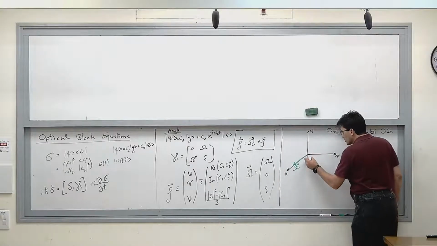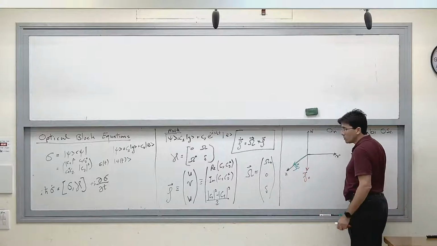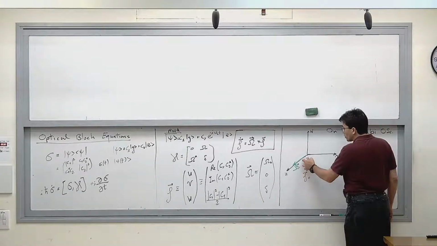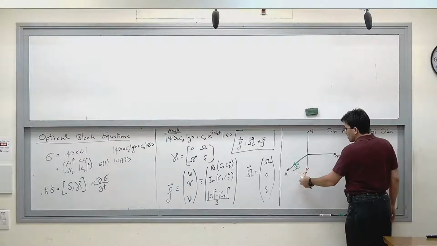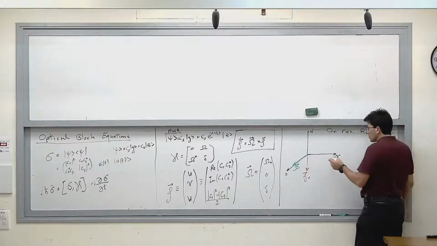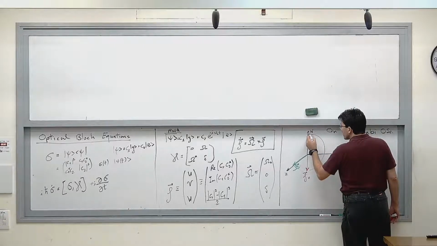This is where we start, this is rho at time 0. And then all that happens is that it nutates around the U axis at a rate that is dictated by the strength of omega, by the Rabi rate. So all that happens is that it does this.